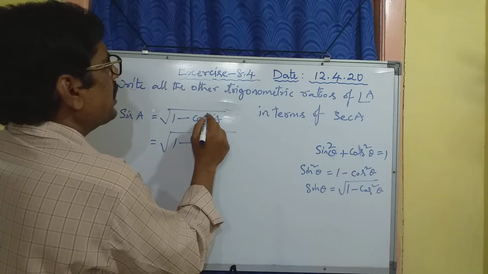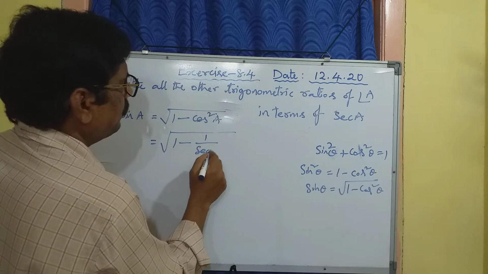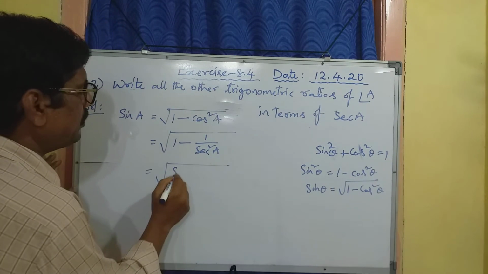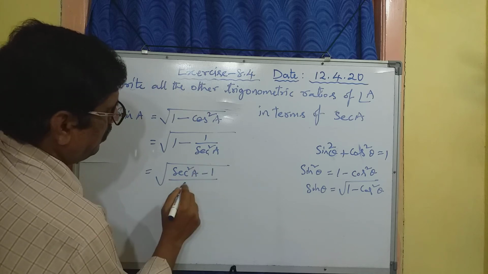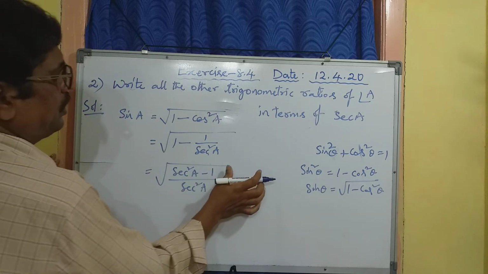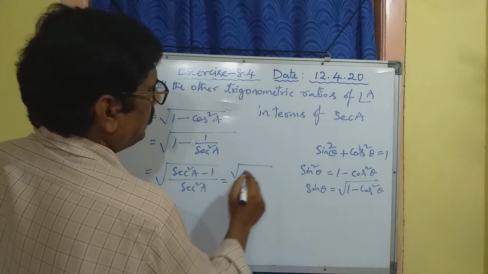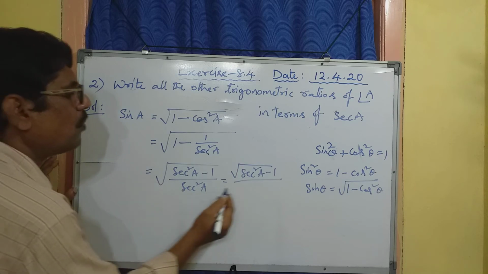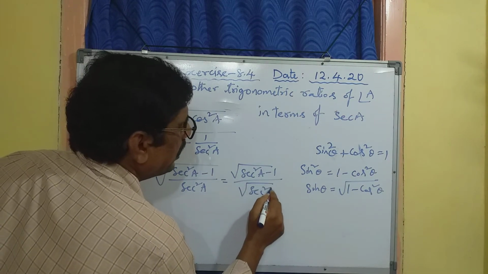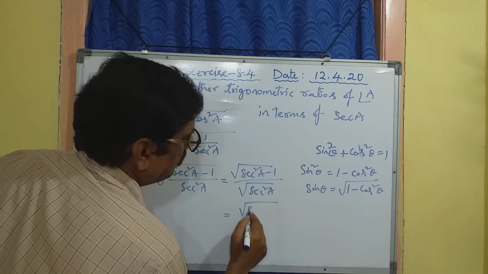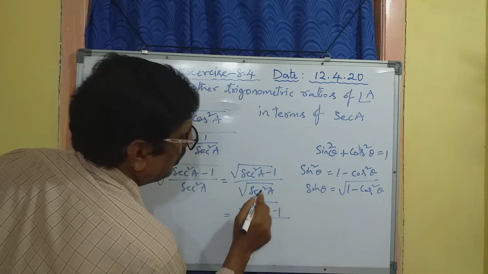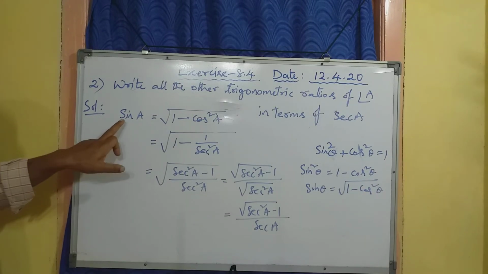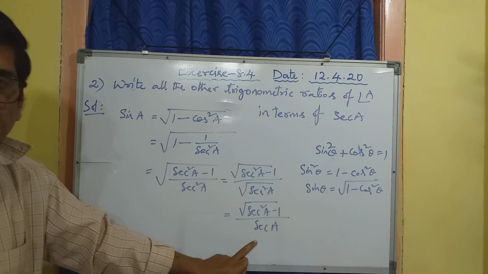So cos square A can be written as 1 by secant square A. Now this is equal to square root of secant square A minus 1 by secant square A. Now in the denominator the square and root will be cancelled, and in the denominator we get secant A. So this is the value of sin A in terms of secant A: root over secant square A minus 1 by secant A.